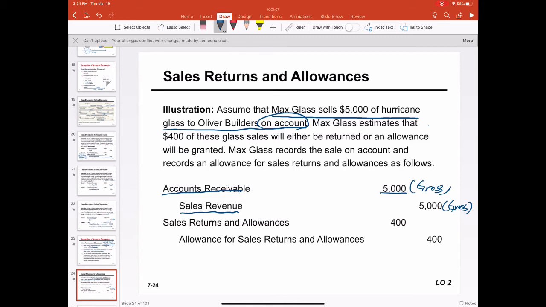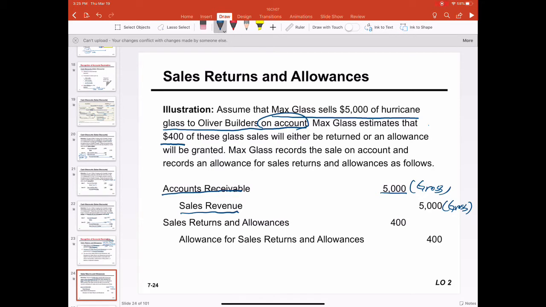In this example, Max Glass estimates $400 will be either returned or given as price matching, which will reduce the sales revenue or accounts receivable.